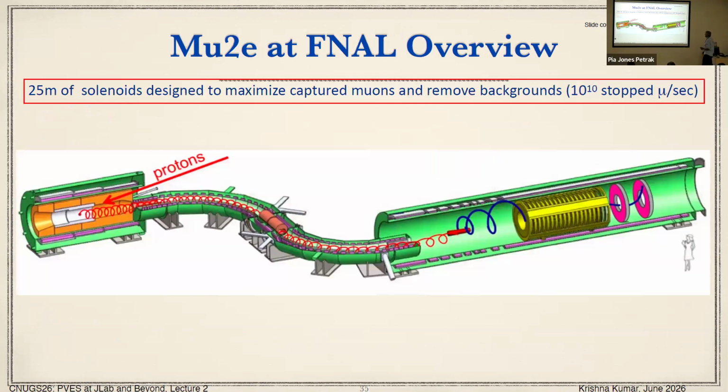I will spend time on this amazing experiment that is being done at Fermilab called Mu2e. The idea here is you bring muons to a stop in an aluminum target, and you look for a 105 MeV electron coming out. So it's just like double beta decay, an endpoint of the muon spectrum when the muon is captured inside a nucleus.